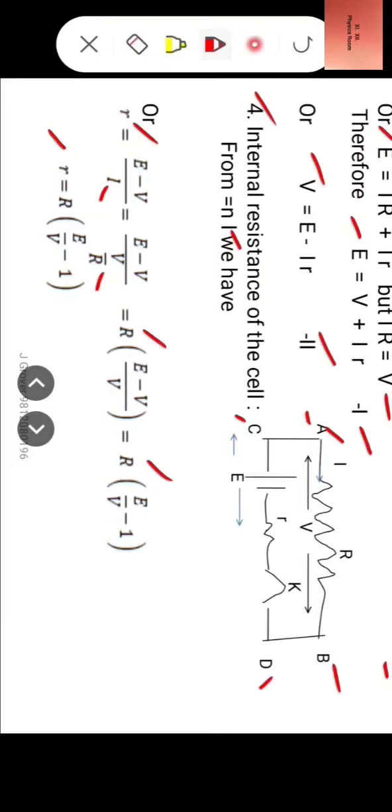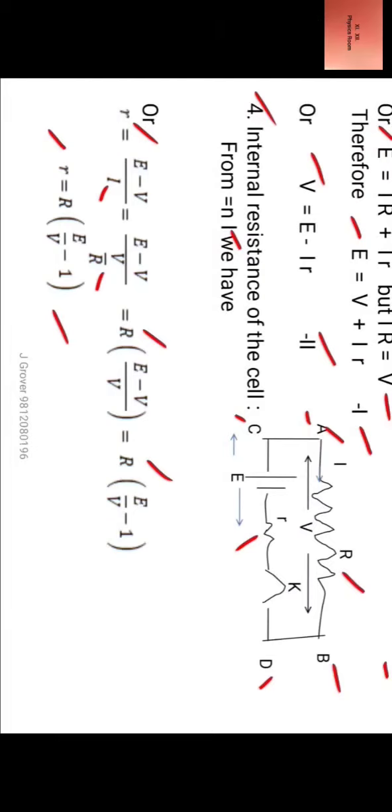Now you can see in the circuit diagram, this is the external resistance R and this is the internal resistance of the cell. Thus we have the expression for internal resistance of the cell as small r is equal to capital R into E by V minus 1. Okay.